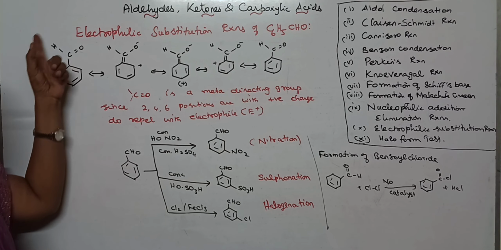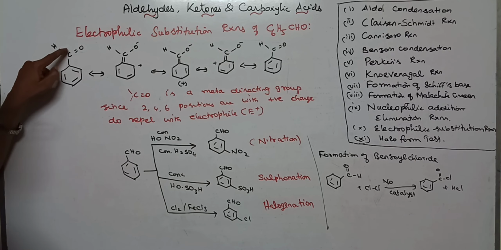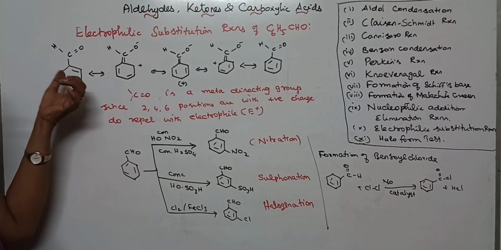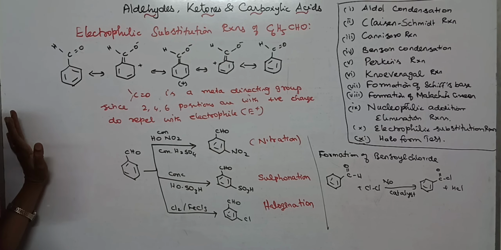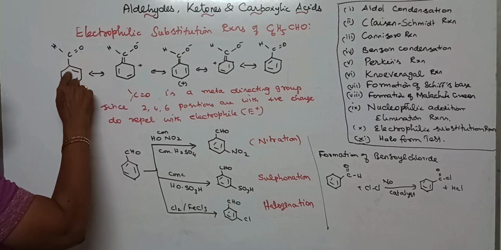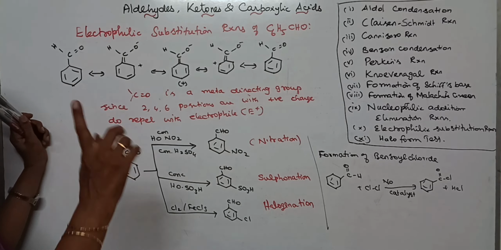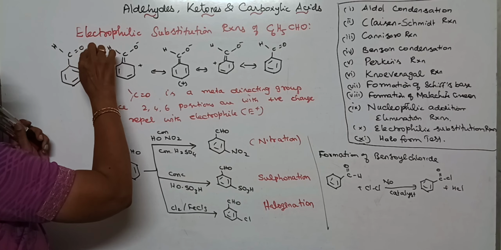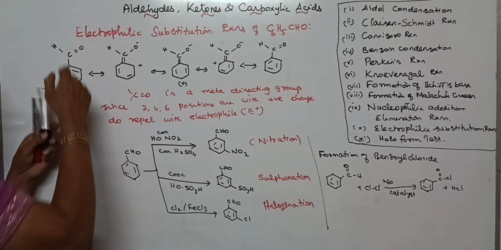Electrophilic substitution reactions of benzaldehyde. Benzaldehyde, in which the aldehyde is the functional group. See, a carbon-carbon bond is present between the functional group and the benzene ring. Because of the two carbon atoms directly attached, there is no difference in their electronegativity. But in the aldehydic carbon, the oxygen is more electronegative than this carbon.